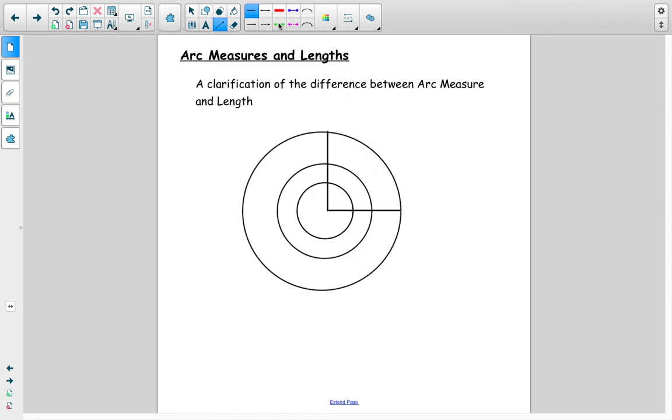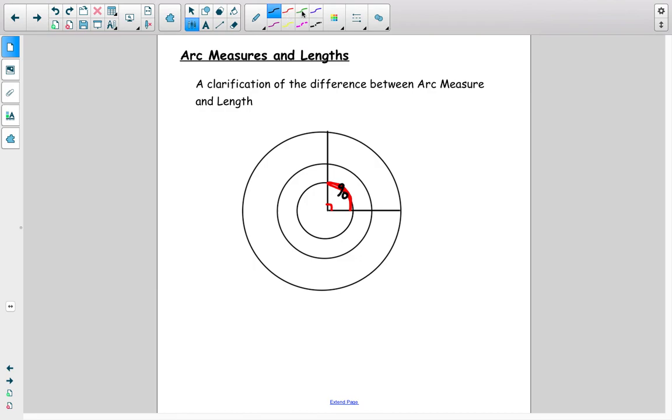Now, hopefully you understand, based on what we just talked about, that what is the measure of, let's start with this small arc right here. What's the measure? Measures in degrees. It's the same as the central angle, so its measure is going to be 90 degrees right here.